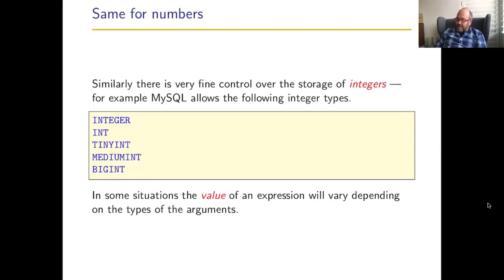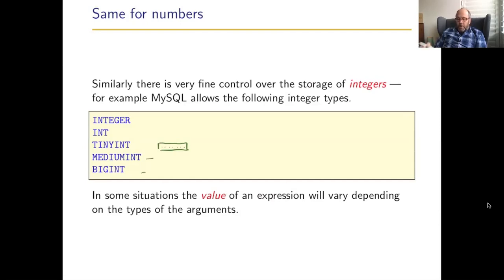I can't remember the exact numbers, but maybe tinyint only uses 8 bits or 1 byte. Well, if we've only got 8 bits in our storage space, then we can only store 2 to the 8, 256 numbers. So a tinyint would be used for storing only values that were maybe from 0 to 255, or maybe from minus 127 to plus 128. Mediumint would be used for storing bigger integers, and bigint would be used for storing even bigger integers, and so on.